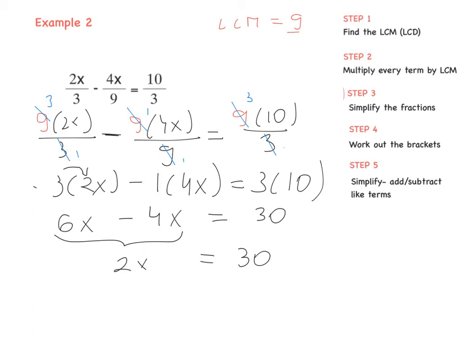Which algebra rule can we use here? 2x equals 30, and remember we need to divide by the number in front of x. So we divide by 2. The next algebra rule says whatever we do on the left side, we need to do on the right side. Now we have x equals 15, and this is the answer.